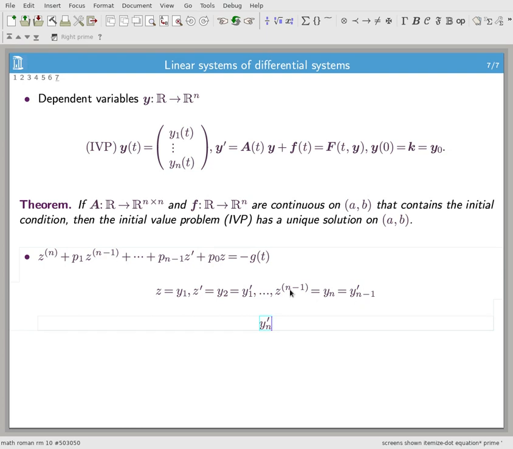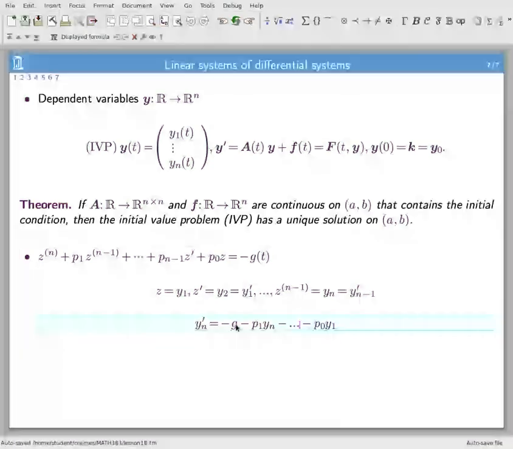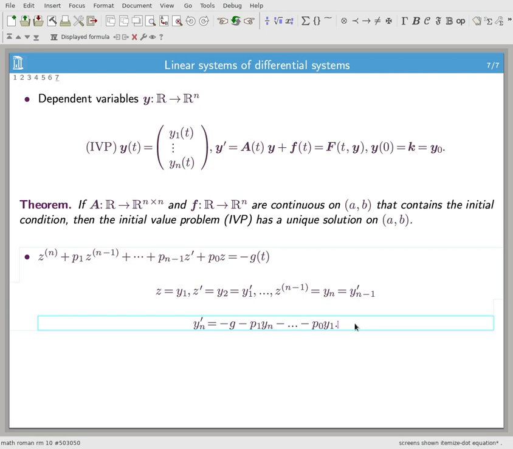Remember, this is z differentiated n times, is now just going to be equal to, from the above, minus g minus p sub 1 of what the z differentiated n minus 1 times, but that's just yn, and you keep on going all the way to p sub 0, and that's going to multiply y1. So that is now going to be the final equation that we have, and we have here n minus 1 equations. Here is the nth equation. We've got the system again.